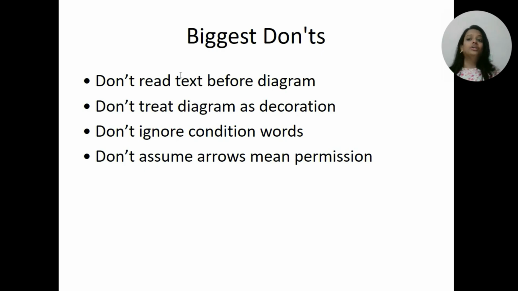You have to scan for entrances or exits, or arrows in case of direction, labels such as public, private, staff only, wherever mentioned, and important labels, and then symbols for stairs, elevators, or washrooms, sometimes distance or proximities, okay? And try to ignore the decorative areas, like extra rooms not linked to the questions.